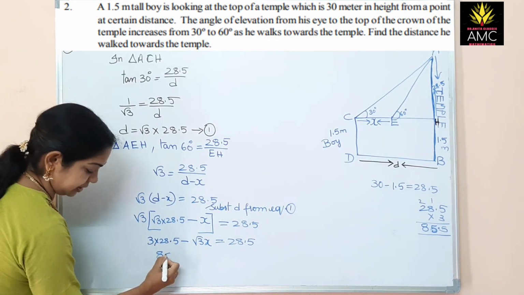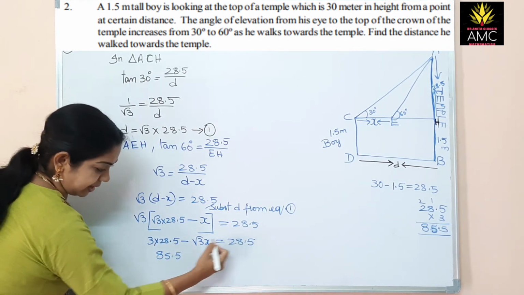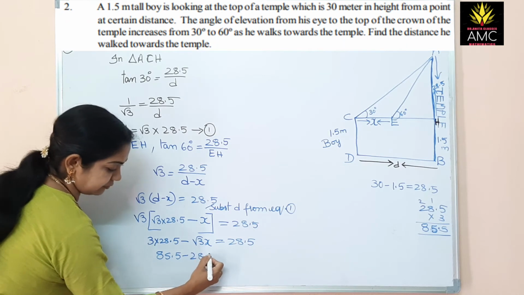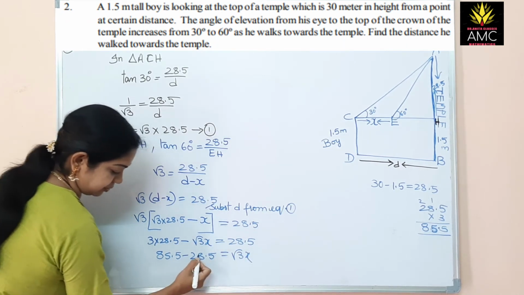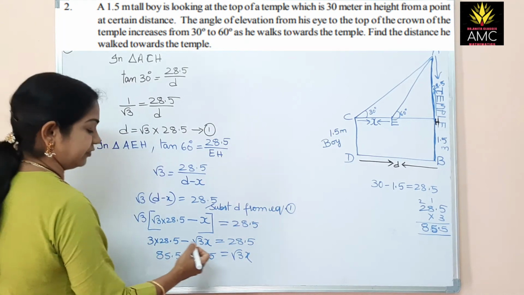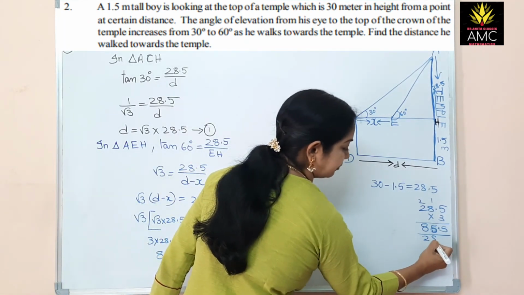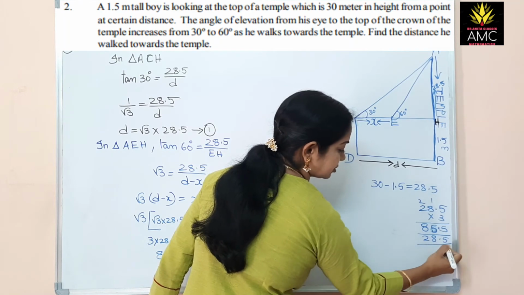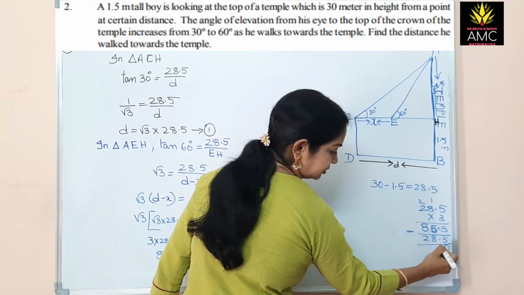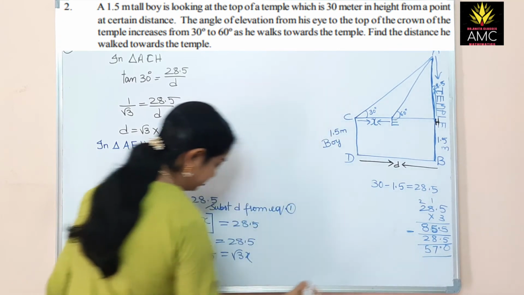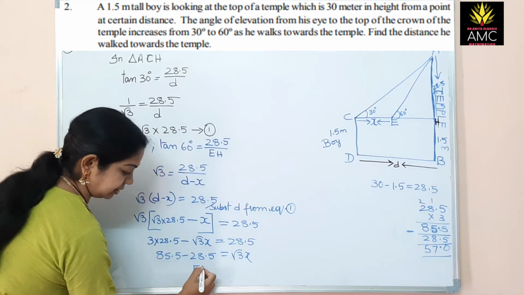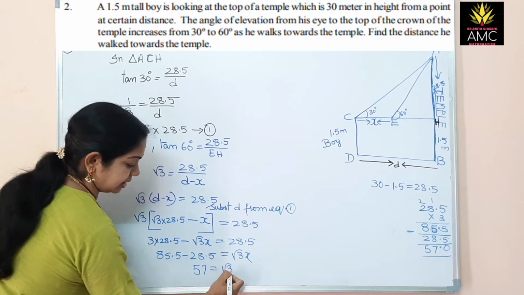That is 85.5 minus 28.5, bring this to this side and shift root 3x to the other side. Now clearly 85.5 minus 28.5, I am subtracting here, so this comes to 57.0. So 57 equals root 3x.